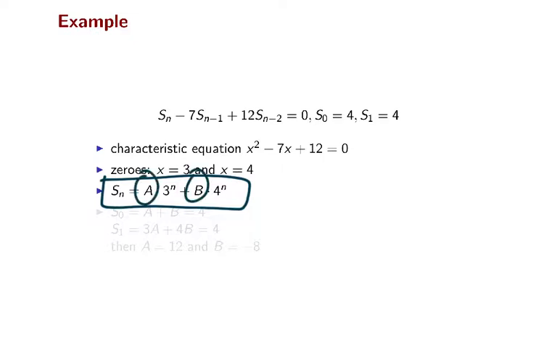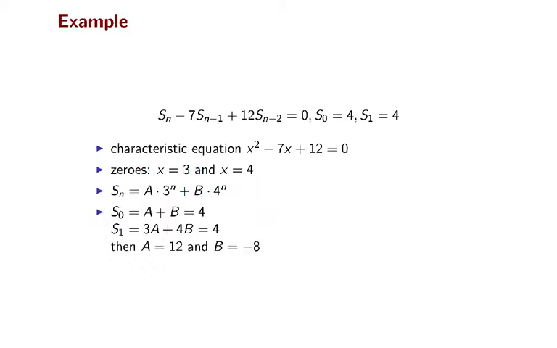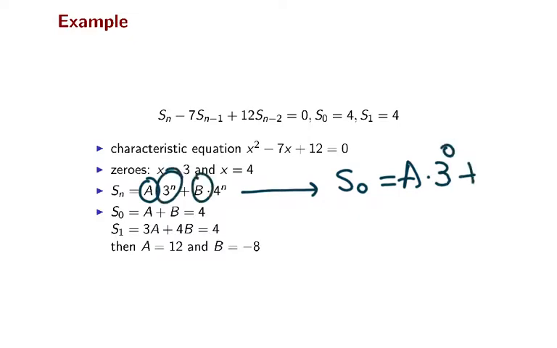So the next step is to actually find out what numbers are those. Solve for the unknowns. And the way to solve for the unknowns will be to set a system of equations using the initial conditions. The idea is, you have here a formula to calculate Sn for any n. So in particular, you can use this formula to calculate S0. So you can plug in 0 in this formula and you will get that S0 is A times 3 to the 0 plus B times 4 to the 0, right?